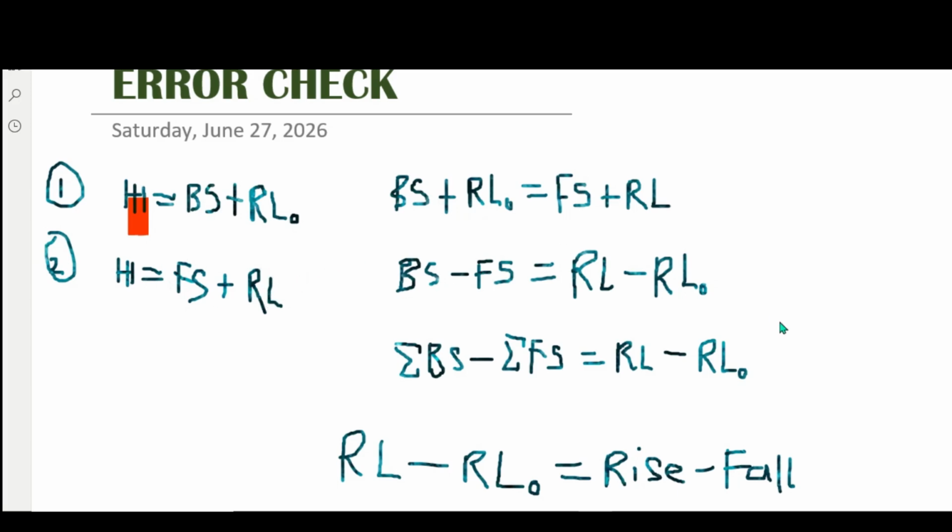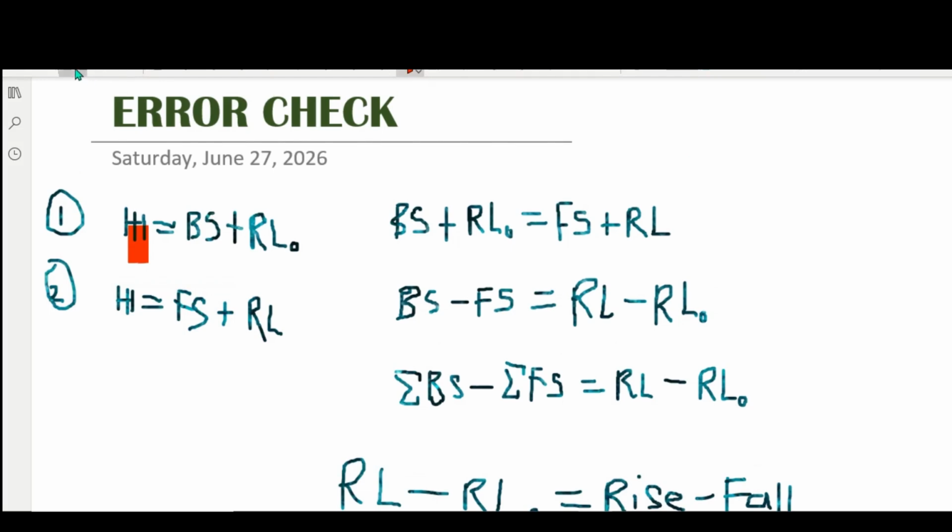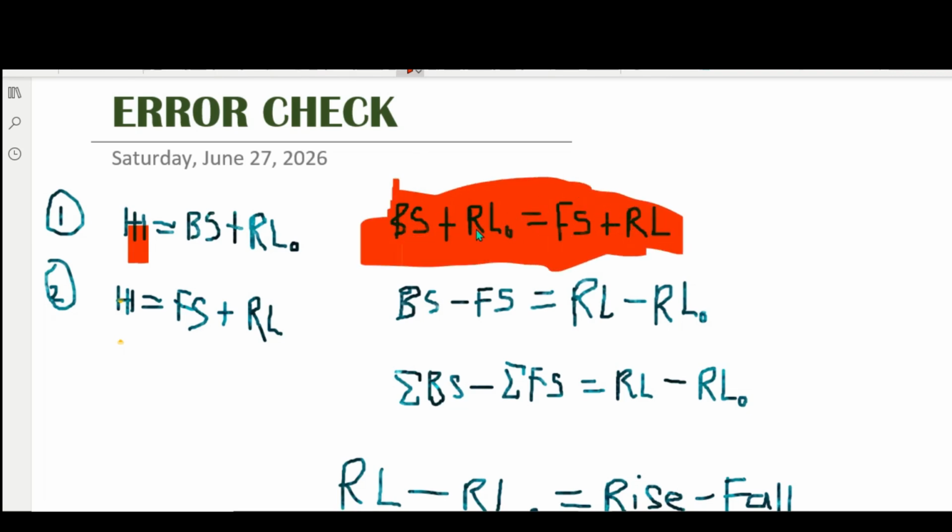Now what we deduced here was that since the same height of instrument was equal to both backside plus initial reduced level and this other one, we are going to equate them. By equating them, this was what we got.